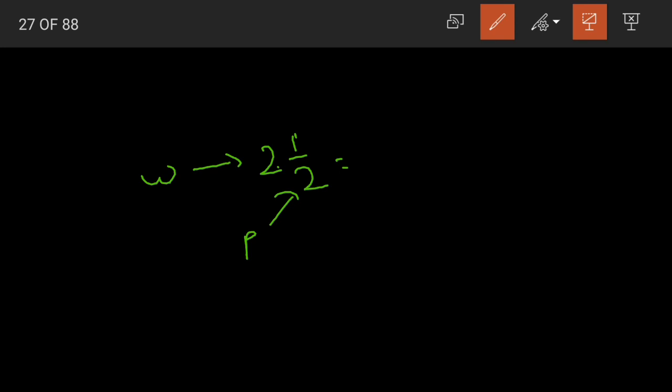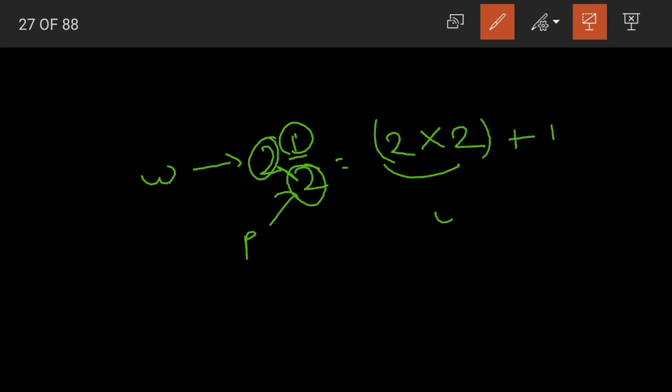Now how to convert? Multiply the whole number and the denominator. Then add the numerator. 2 times 2 is 4, plus 1. 4 plus 1 is 5. And what is this? The mixed fraction is converted into an improper fraction, as we have discussed.